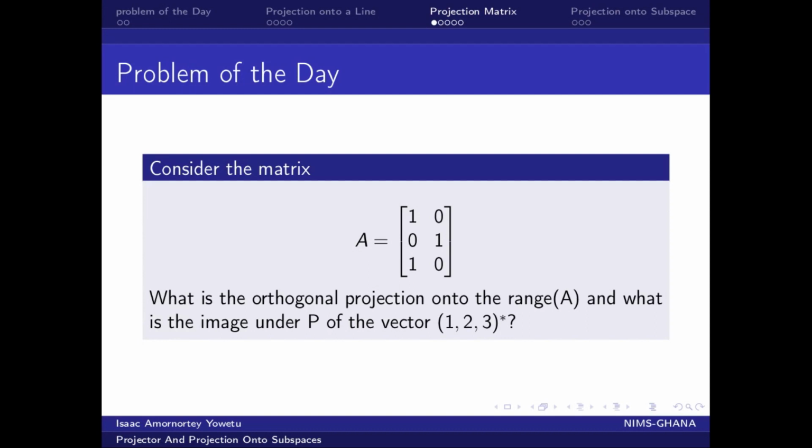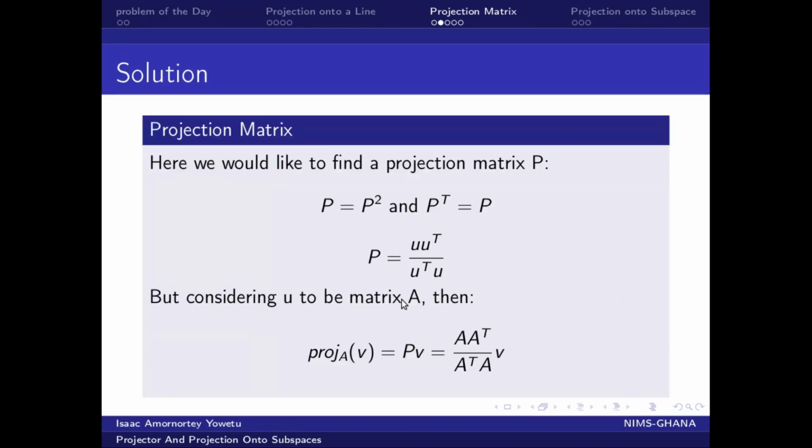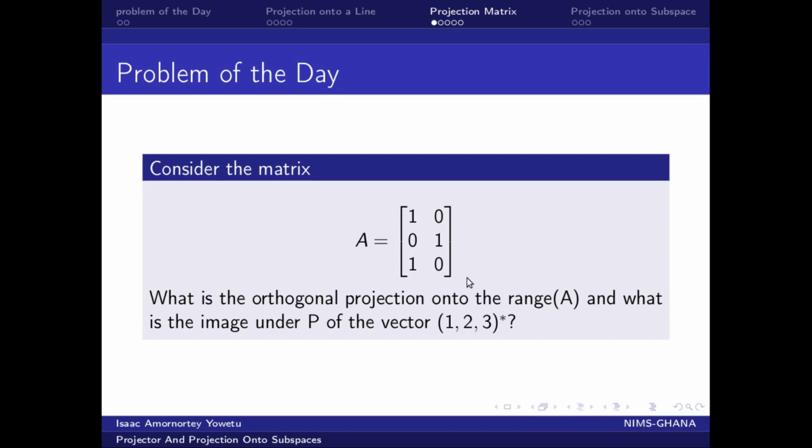Now, coming back to the problem of the day, we want to consider the matrix A again. Having knowledge of the first example, we now want to look at how to solve this problem. Here we are dealing with a matrix, not a vector, so we'll see how best to approach it.